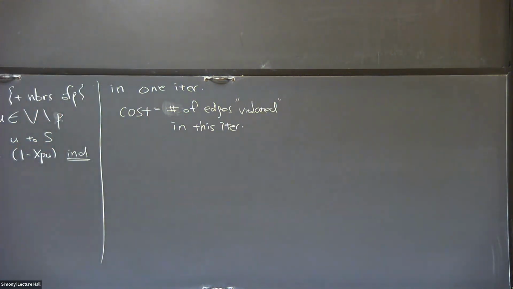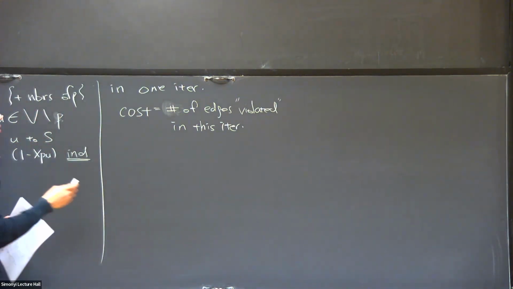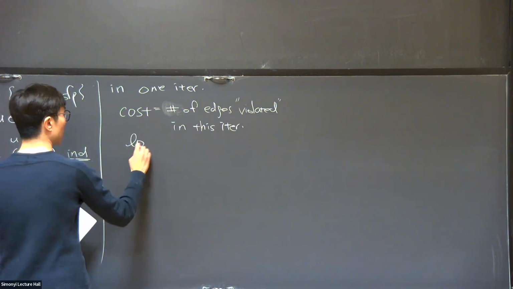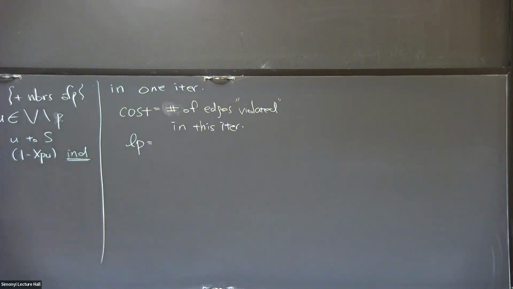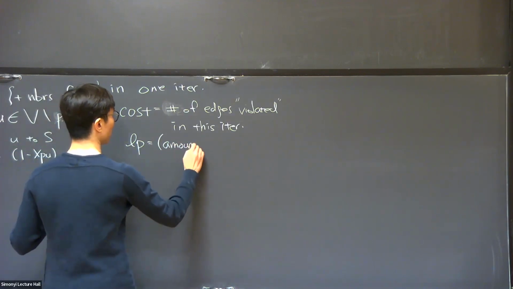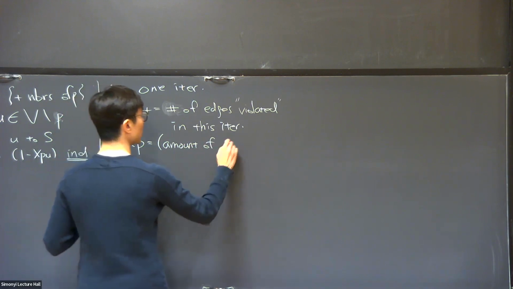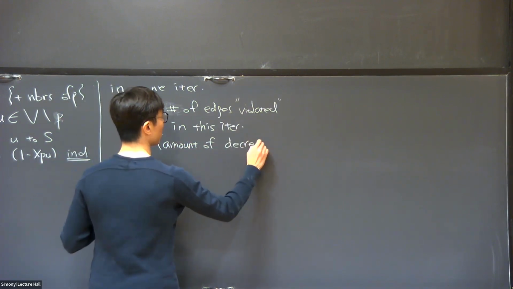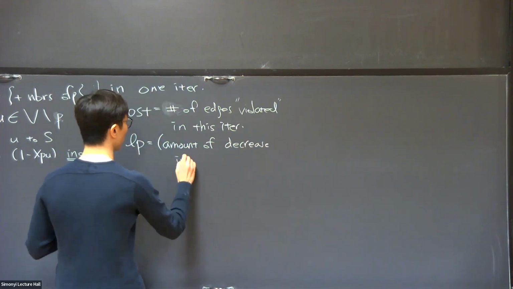Then I'm going to define another quantity, LP. LP is the amount of the total LP value that will decrease by going to the next iteration, the amount of decrease in total LP value.